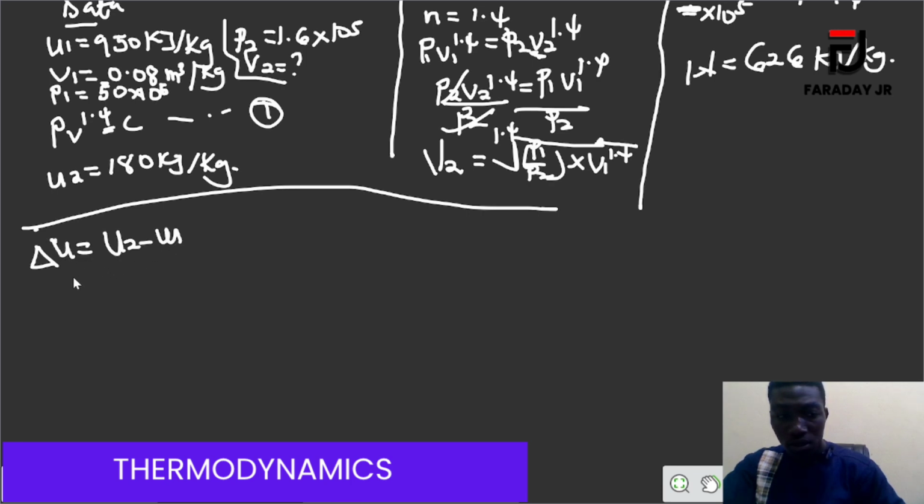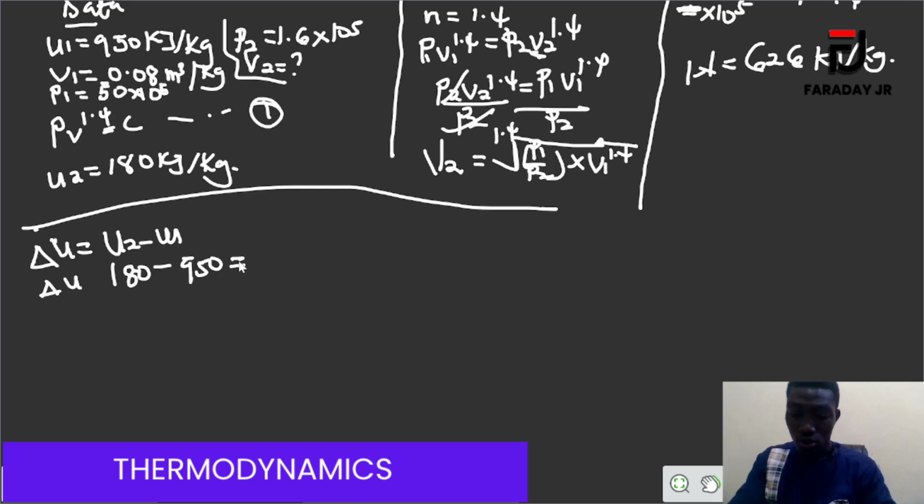My U2 is 180 minus 950. So the change in U is equal to 180 minus 950, which is equal to negative 770.